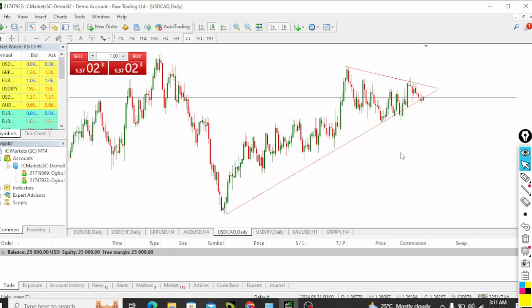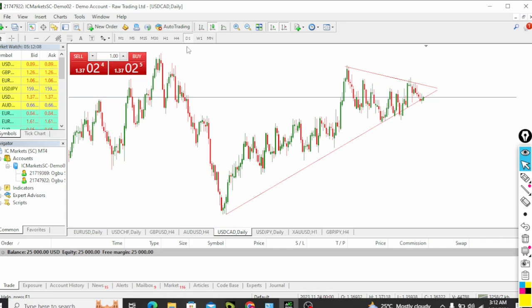So let's be looking for a sell. Now this time, if you notice a sluggish movement here followed by a bearish candle, it is time for you to pounce on it with aggressiveness.